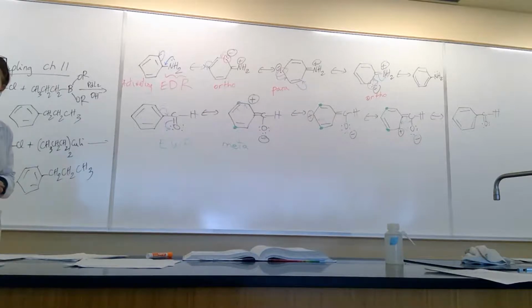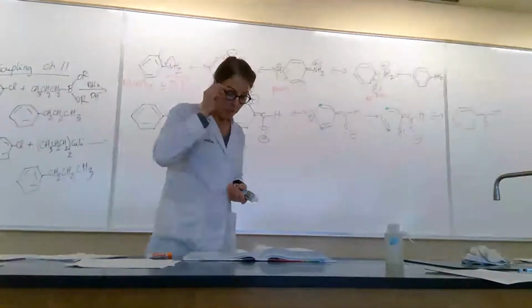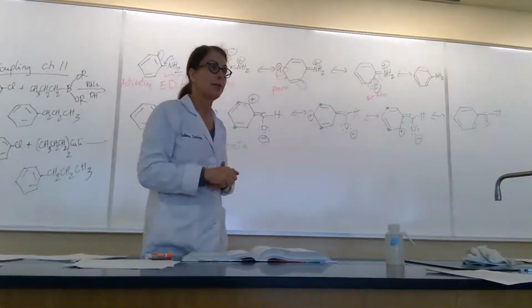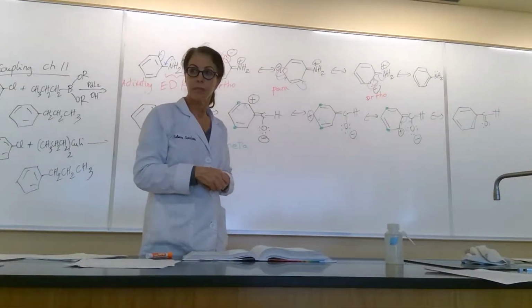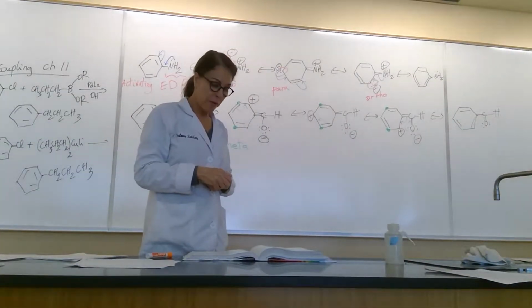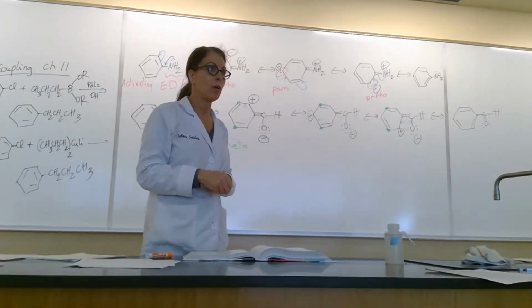Okay? So now, if you look at your book on page 887, it's very important to see this and to try to explain that on your own at home. Write all the resonance forms when you add these substituents.